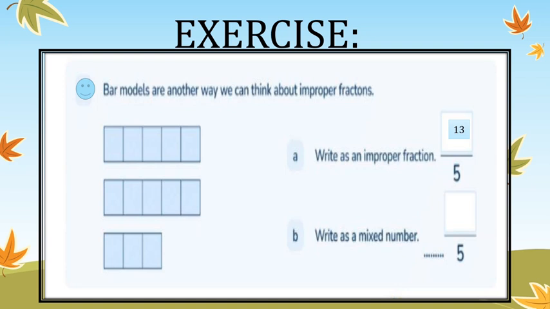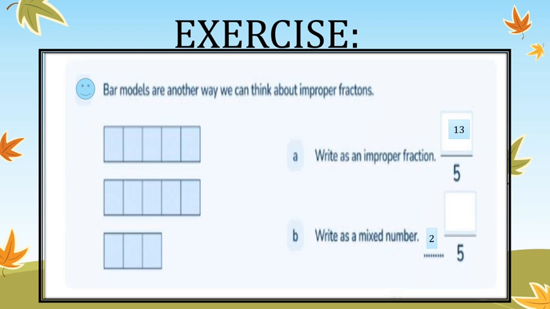So we have 5, 5, 10, and here 3, 13. Write it as a mixed number. We have just learned that a mixed number is a combination of a whole number and a fraction.